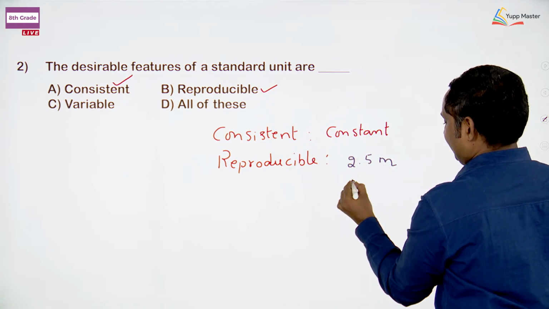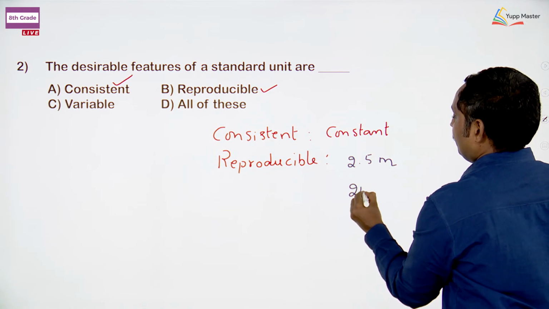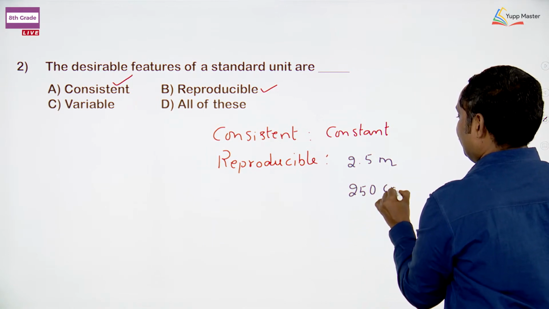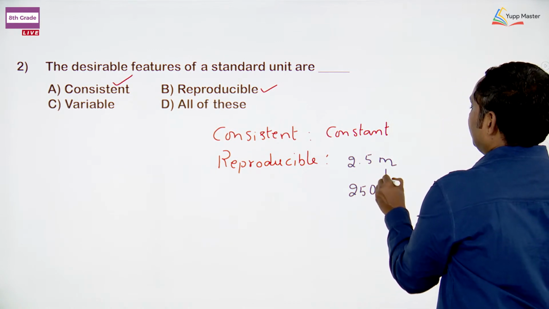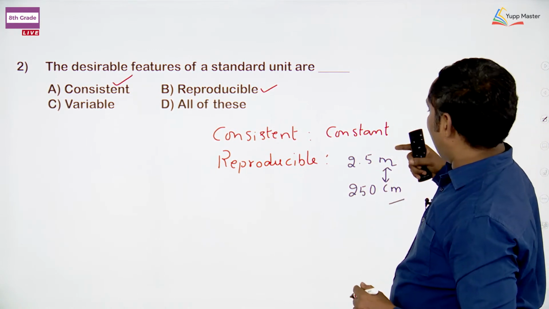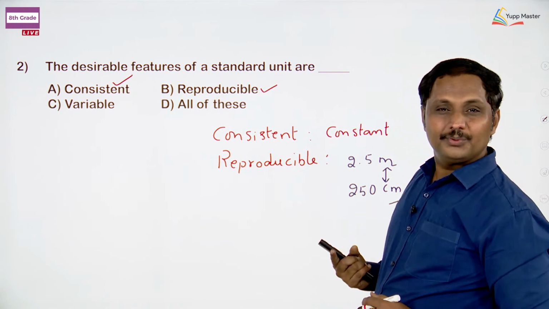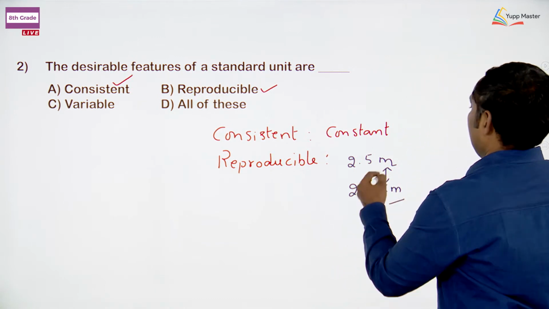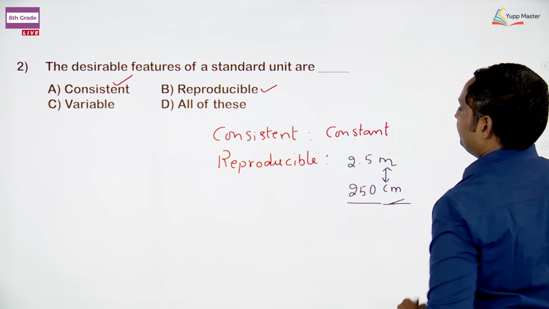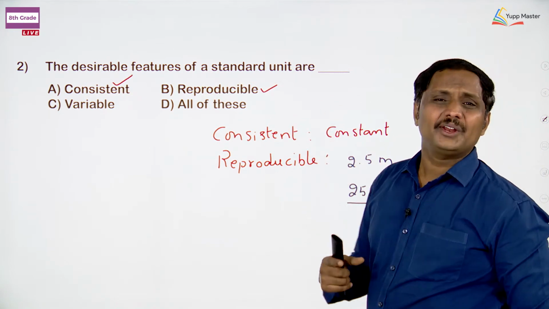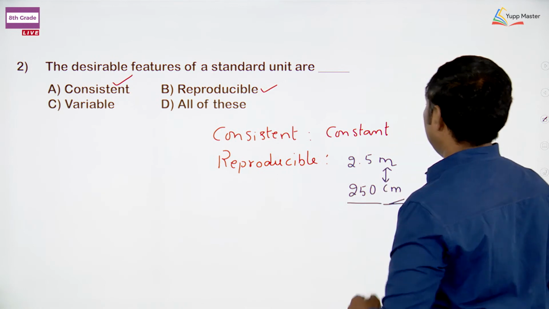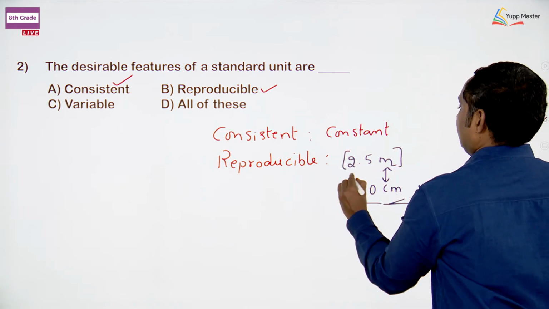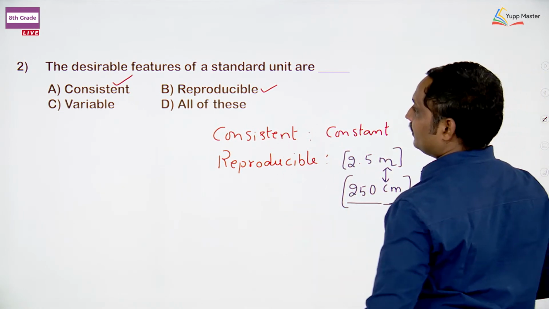Again, you can express it as 250 centimeters, and it has been reproduced. Now you can take that the unit is reproducible, it's going to be known. Yeah, that is also correct.